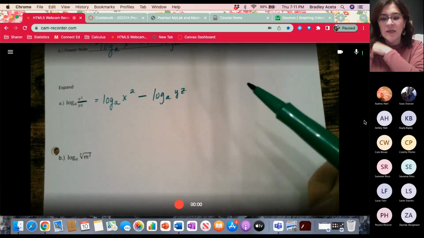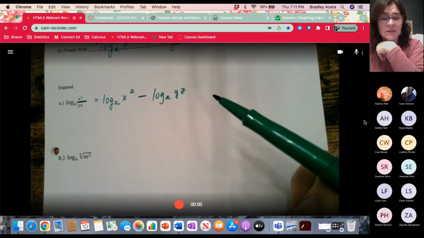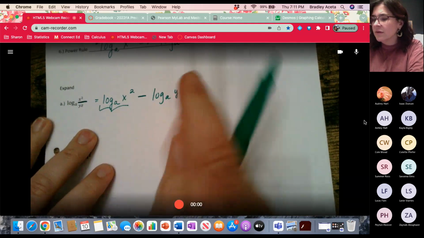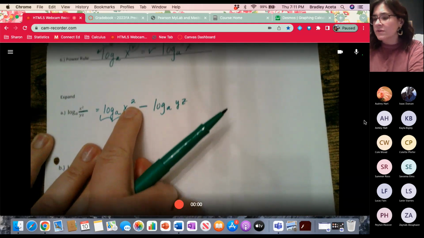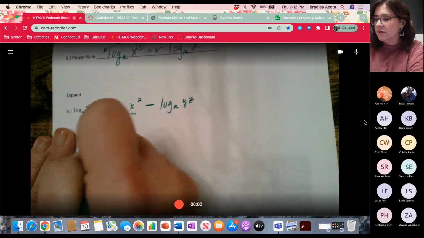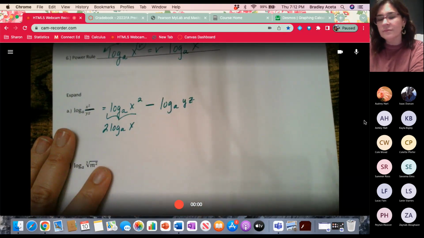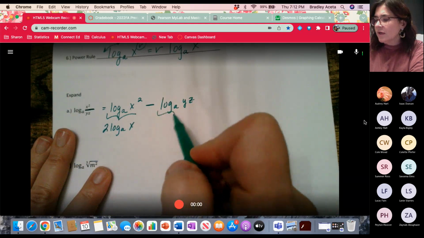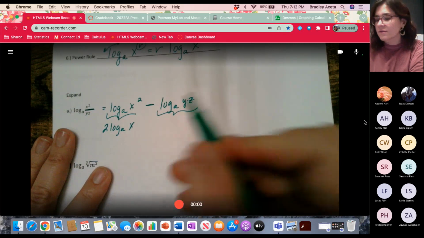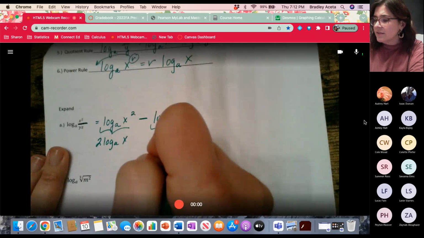But now look at what you've written, and you need to see if you can expand them even further. So like this one is really a power rule, because this has a 2 right there. So I can actually pull that 2 to the front. 2 log base A of x. This one is really a multiplication of two things. That's what that was up here. So I can write it as addition of logs.